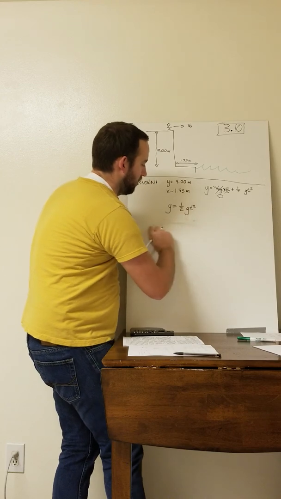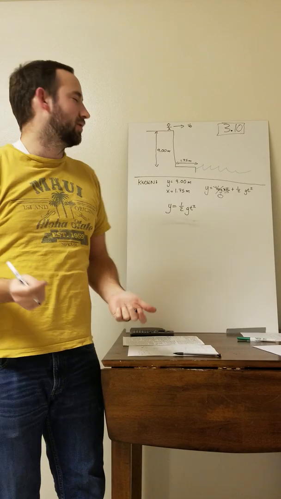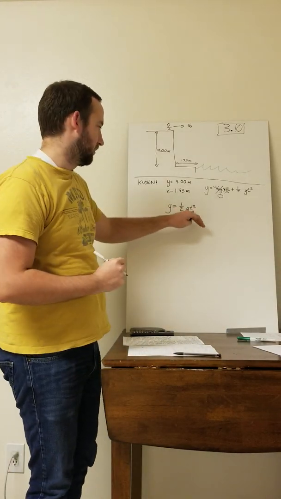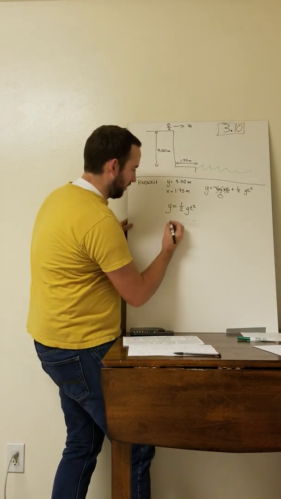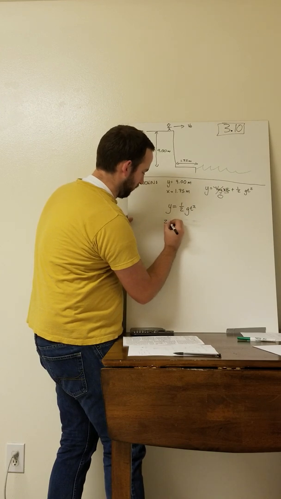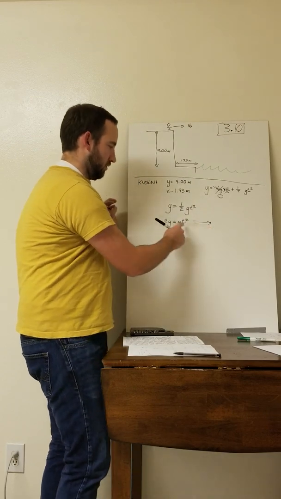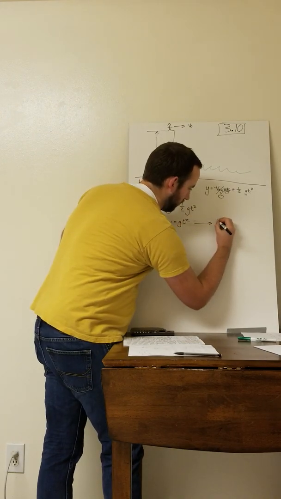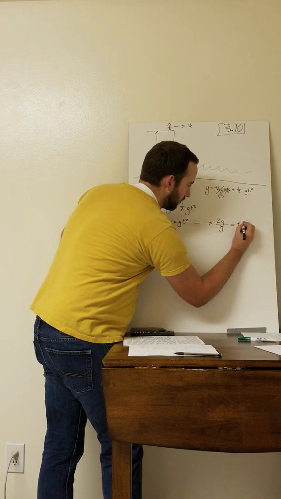Actually, before I solve it like that, let's isolate time. That's going to make it a lot easier. So instead of plugging in the numbers now, let's get to our desired variable. We do that by multiplying by 2, so 2y equals g t squared. Then we divide by gravity, so 2y over g equals t squared.